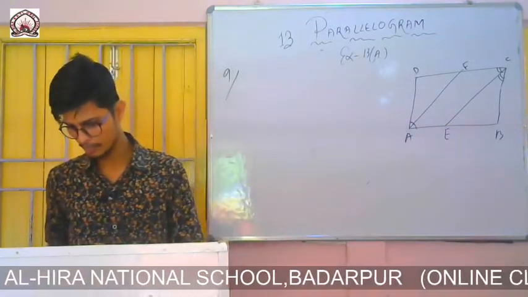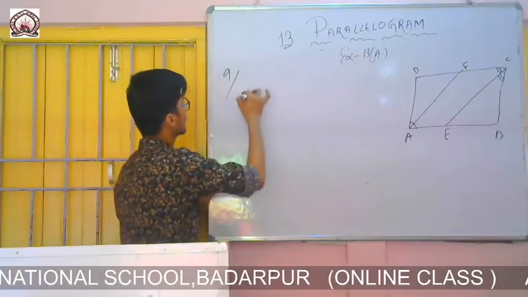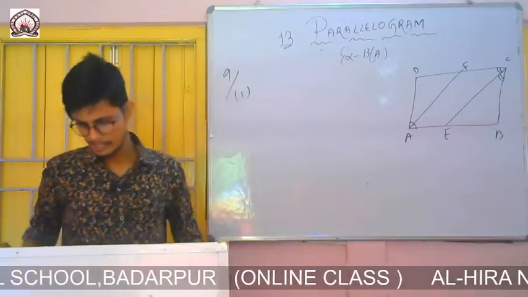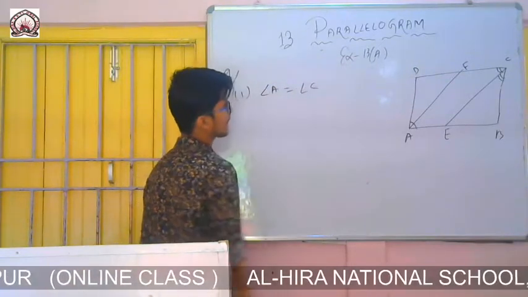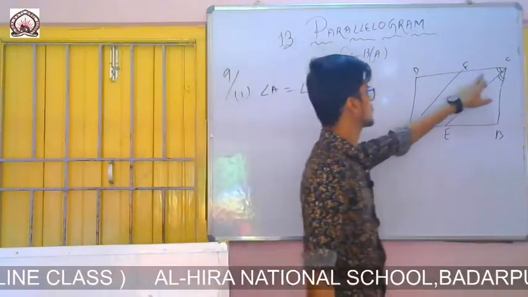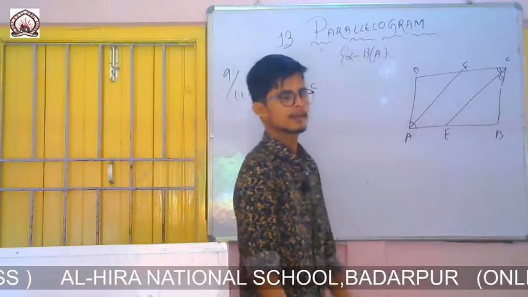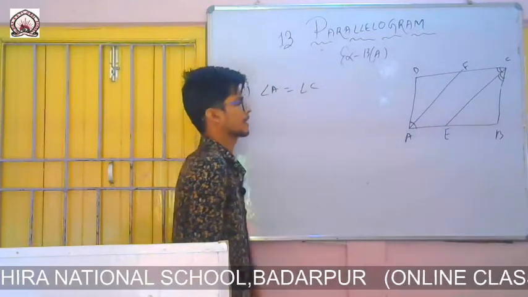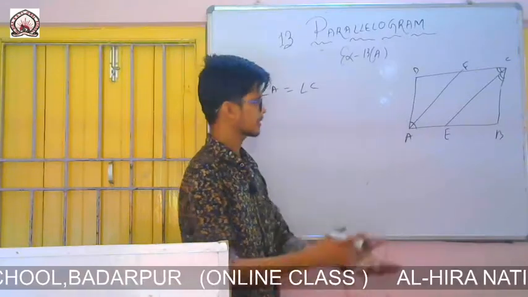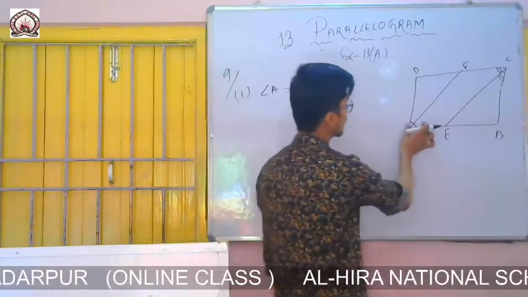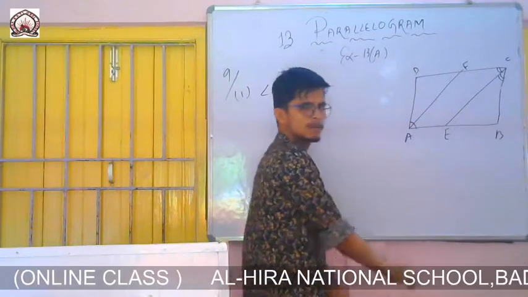So question number 9, Roman number 1, it is written angle A equals angle C. We know, is it true or false? First of all, we have to say yes, it is true. Then the reason: we know that the opposite angles of a parallelogram are equal.